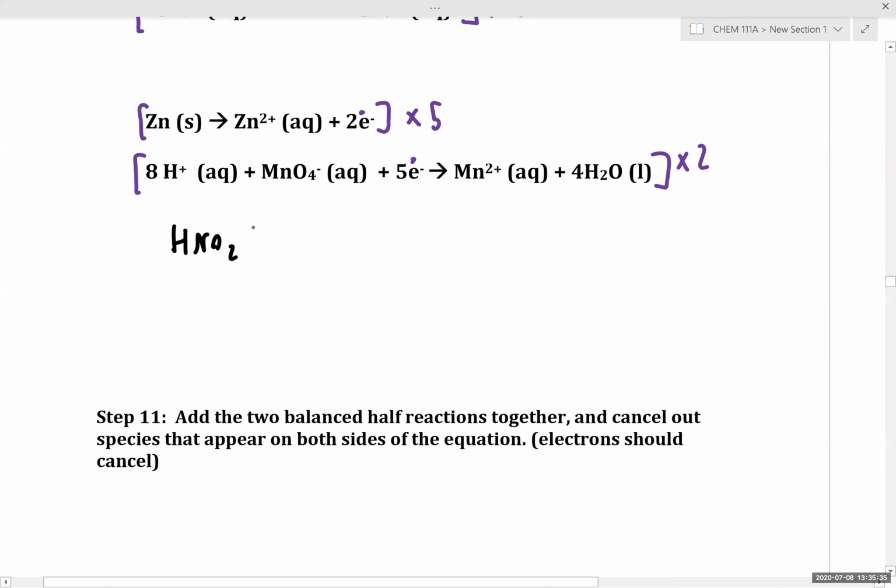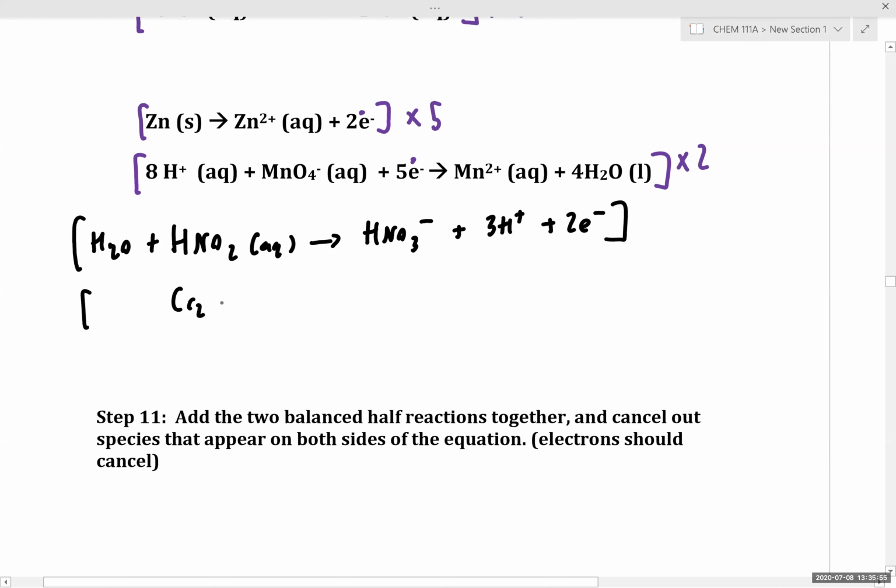We've been carrying through this example of nitrous acid going to nitric acid and losing 2 electrons, reacting with dichromate, which is Cr2O7 2- plus 14H plus, leading to 2 chromium 3 plus and 7H2O. And again, we've gained 6 electrons in this bottom example.